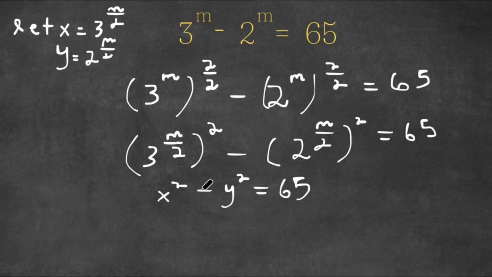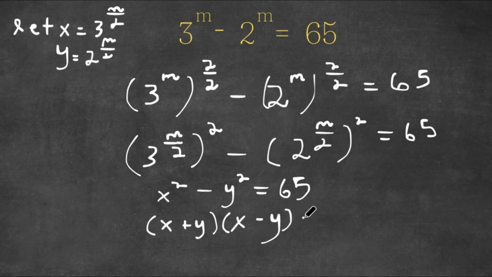Now, if I have something in the form x squared minus y squared, I can write this as x plus y times x minus y. So I have x plus y times x minus y is equal to 65.